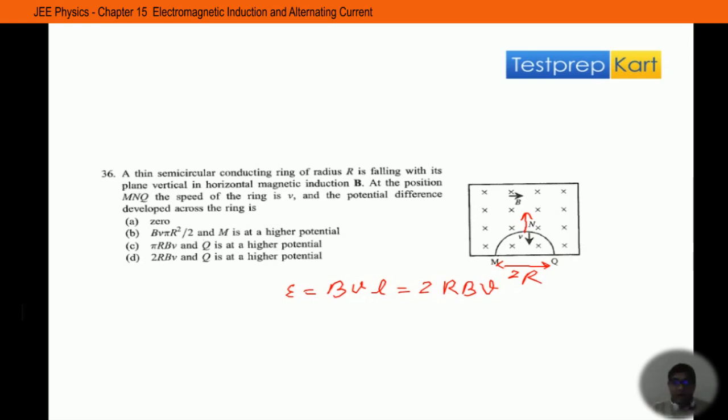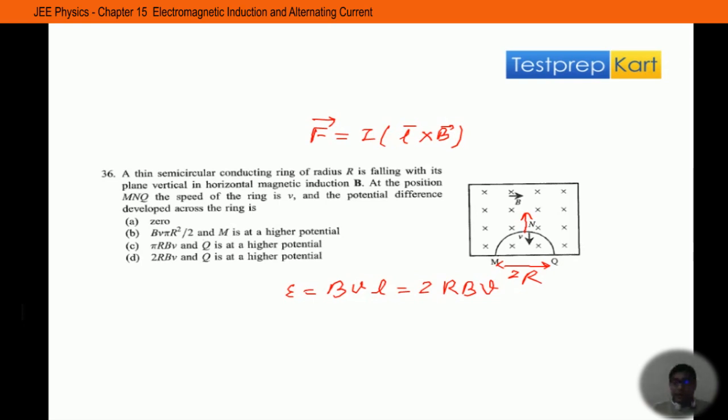And we already know the expression for the force experienced by a current carrying conductor placed in a magnetic field, that is I L cross B. So the cross product of the length along the current and the magnetic field should be in the upward direction.